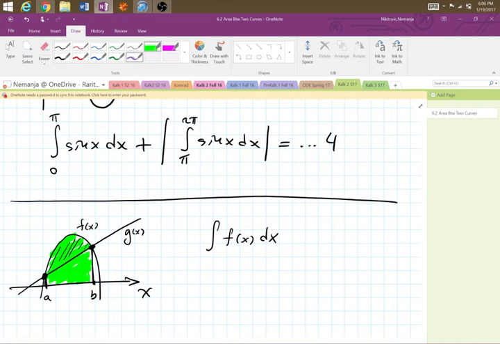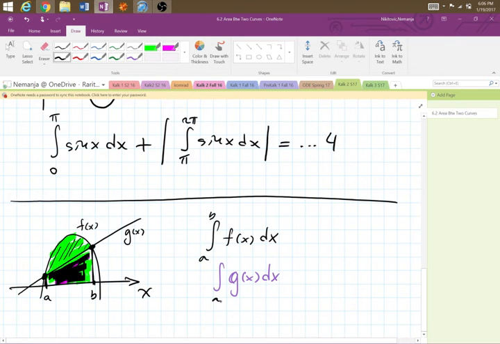Then you want to compute the other integral, which is g of x. Now that part is going to compute this. So I hope that you see that the difference between these two will give you exactly what you need.